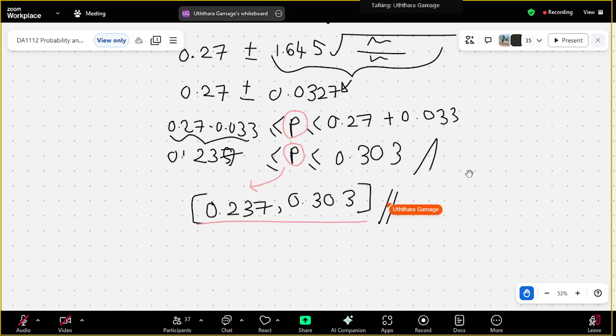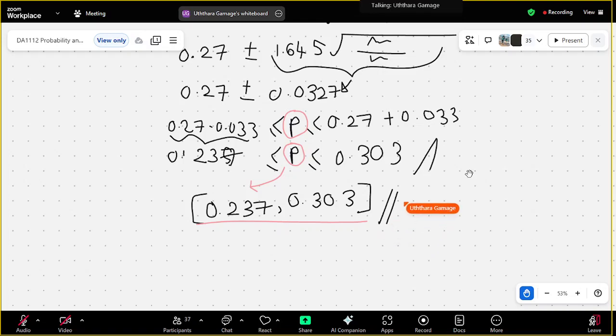So what's the population proportion in this specific case? Population proportion of households that would purchase an additional telephone line if it were made available at reduced installation cost lies between these values, right? Okay, that's question number 9.